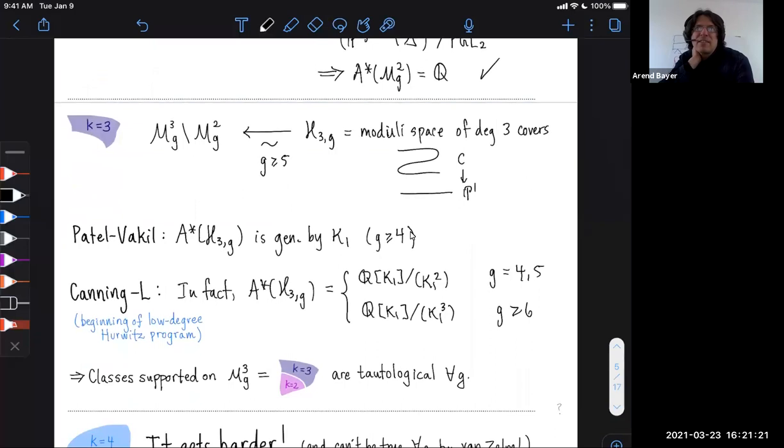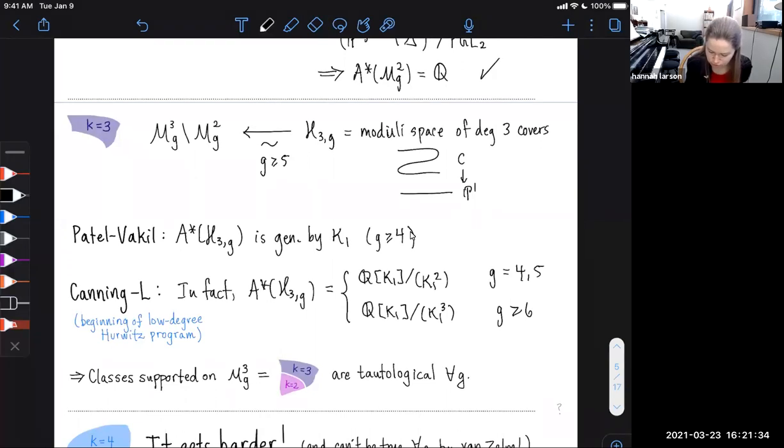So can I ask one question? Yes. So, if you have such a degree 3 cover, how do you see that it's not in M_g^2 as well? This is why I wrote that. So you can imagine you have a degree 3 cover and a degree 2 cover that can give you a map to P1 cross P1, where your curve has bi-degree 3, 2. And you will conclude that if the genus is sufficiently large, this is impossible.